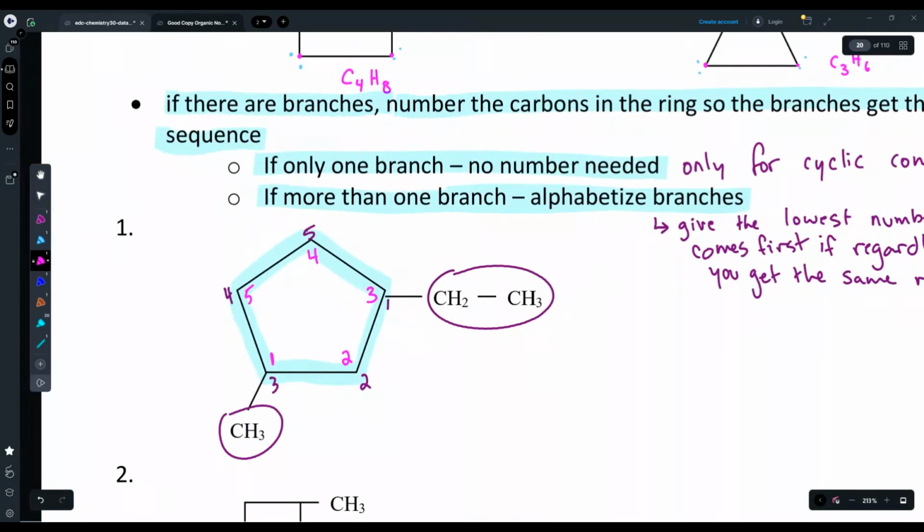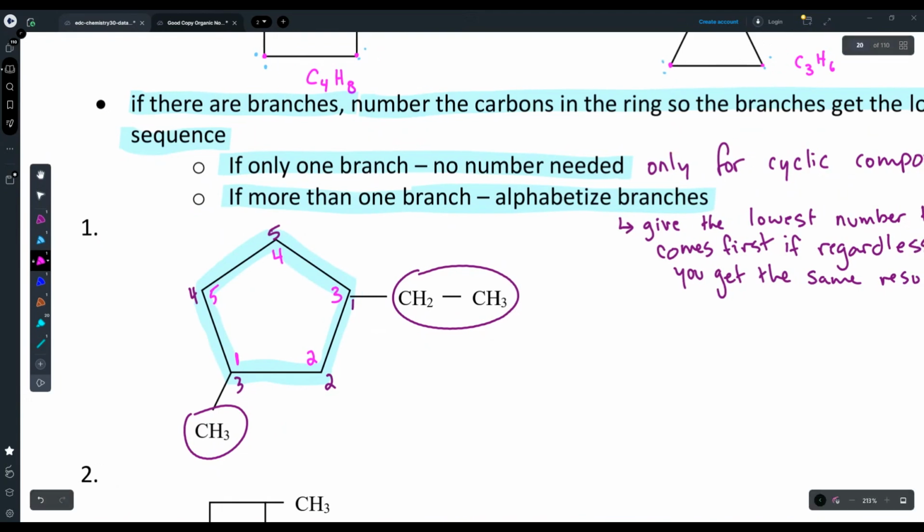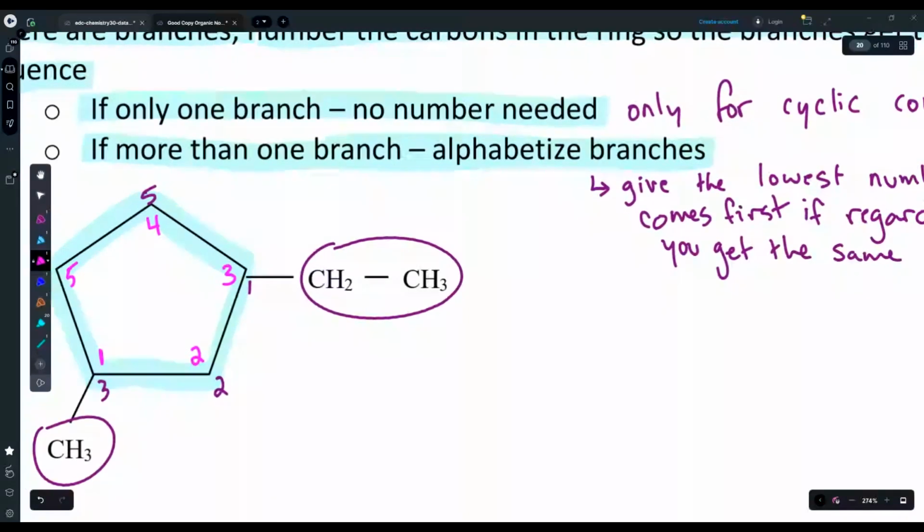That's the situation we're in here. Regardless of how we number, our branches are on carbon 1 and carbon 3. So I'm going to give the lower number to the branch that alphabetically comes first, which is ethyl, the branch that has 2 carbons, because eth means that there are 2 carbons there.